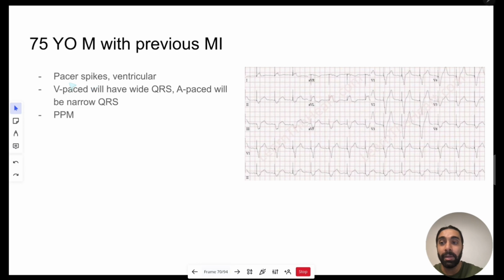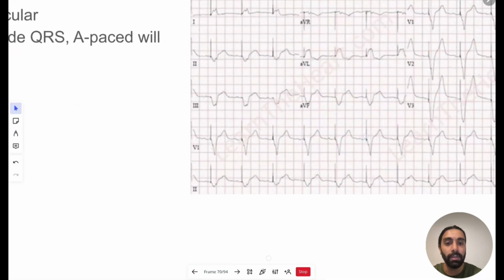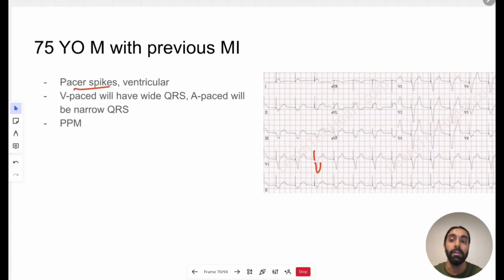These are actually pacer spikes, and if you see a widened QRS and this line right before it, this is probably ventricularly paced, meaning that there's a lead in the interventricular septum stimulating this. But if it's atrially paced, you usually see a narrow complex QRS in these patients. And so this is just a sign of a pacemaker that they have.